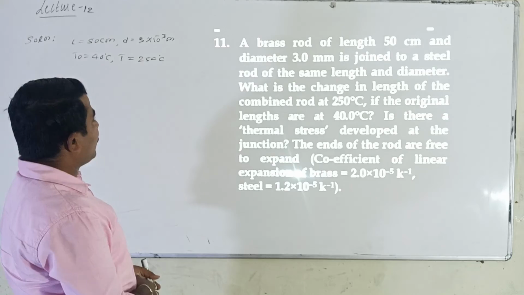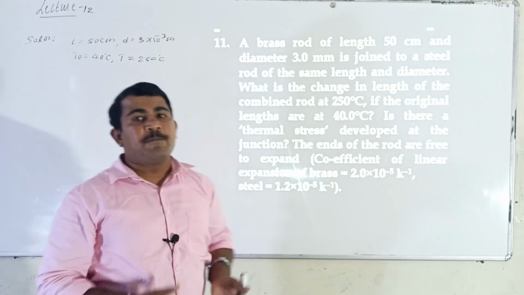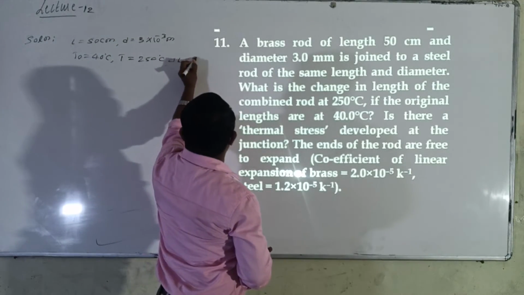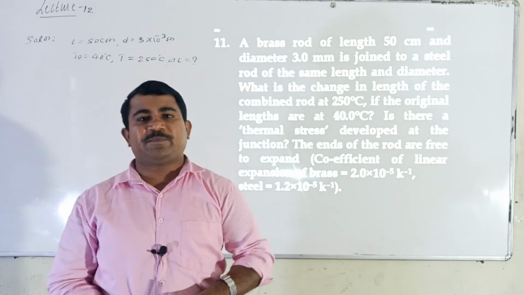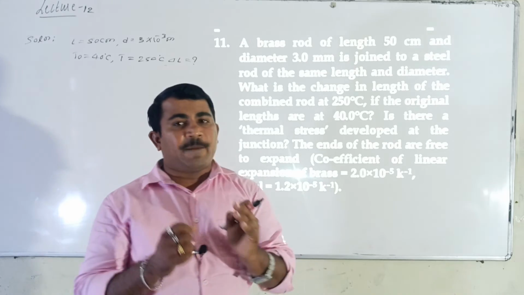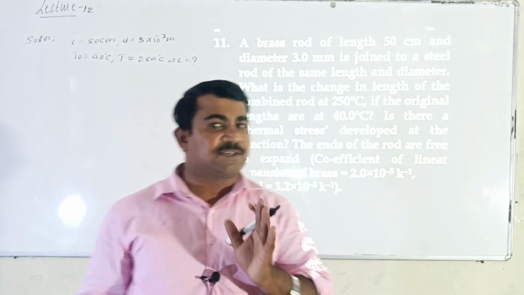What do I need? The combined change in length, which means the total expansion due to increase in length. Let us calculate the expansion of brass and the expansion of steel.